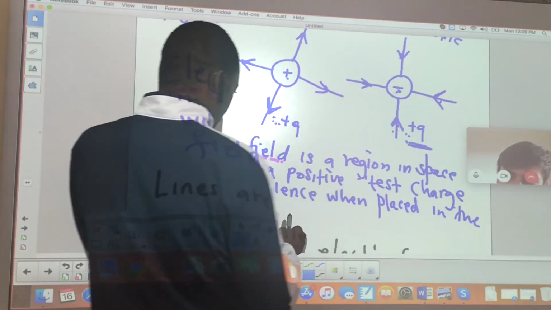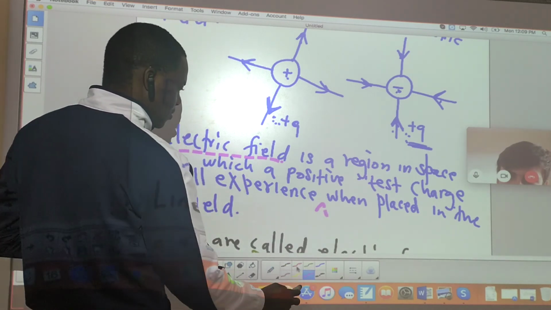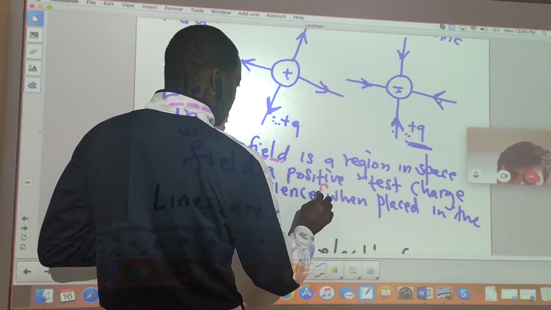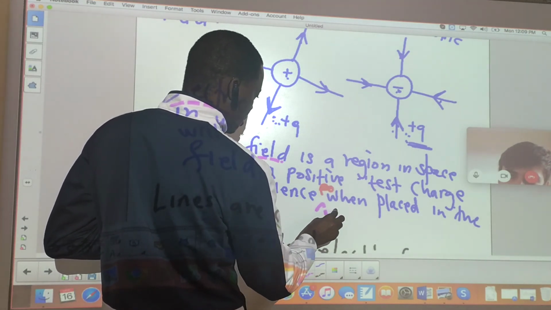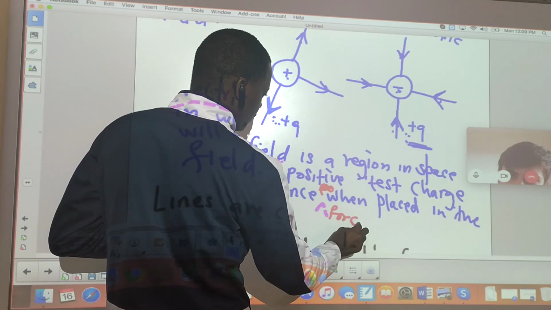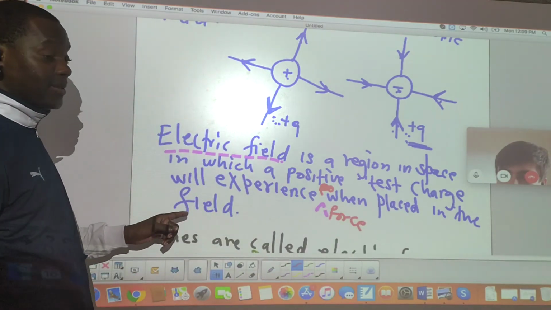Will experience a force when placed in the field.